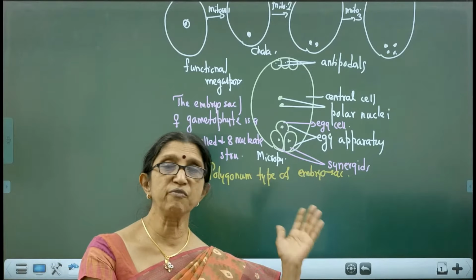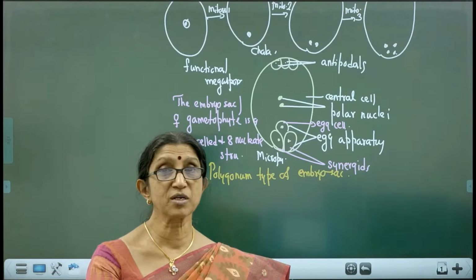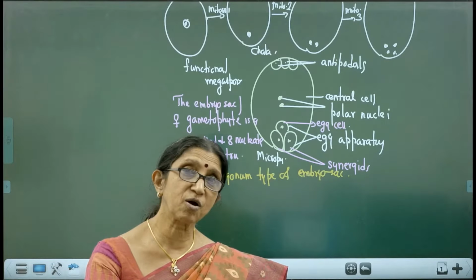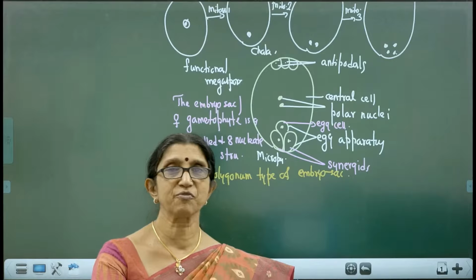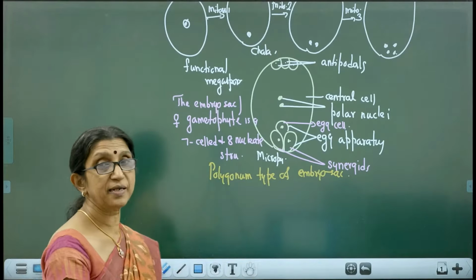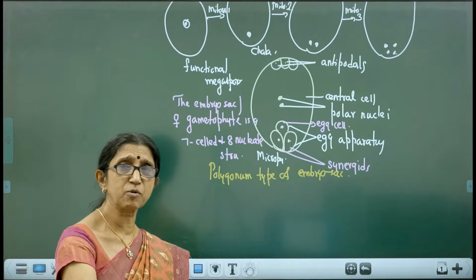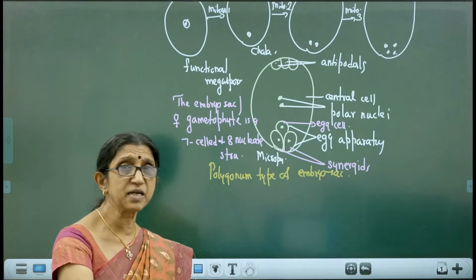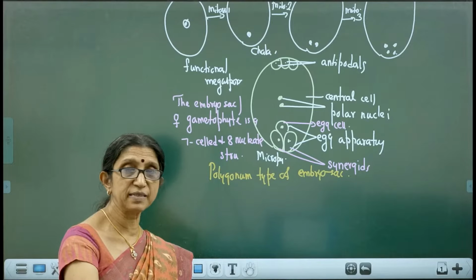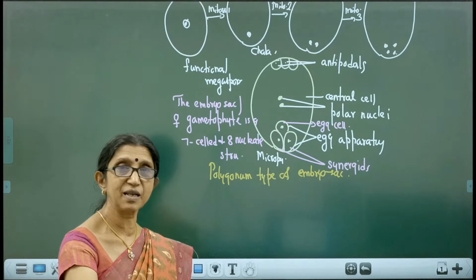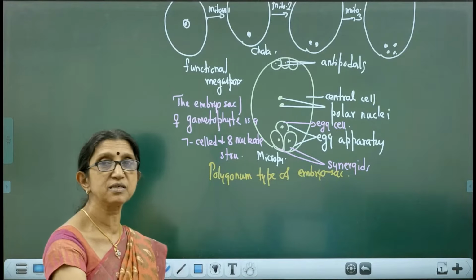Within the ovule we can see the formation of the so-called 7-celled and 8-nucleate structure, which is known as the embryo sac or female gametophyte. So next one is pollination. What is pollination? Pollination is the process by which pollen grains are transferred from the mature anther to the stigma of the pistil to bring about fertilization and seed formation.